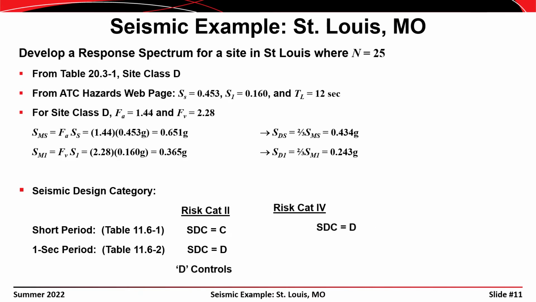Now, if we had a risk category 4 structure, we would find that we have a seismic design category D, both based on the short period acceleration S sub DS and the 1 second period acceleration S sub D1.